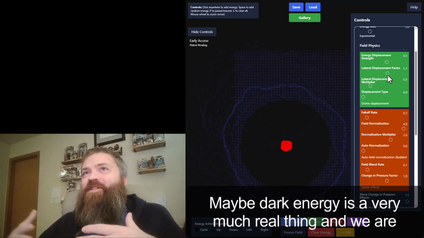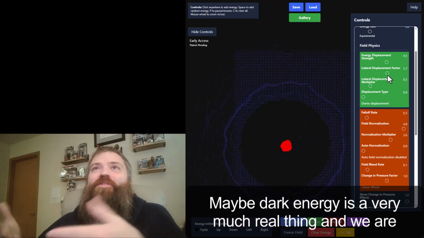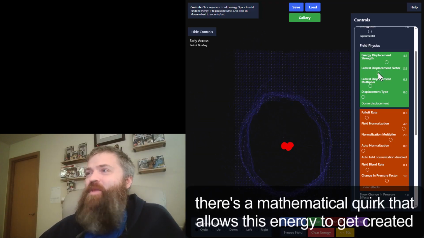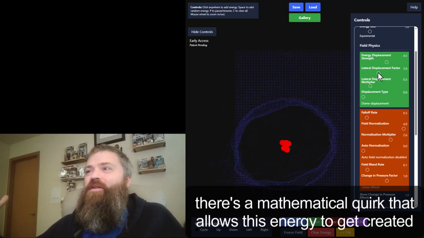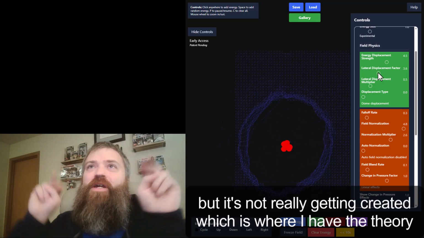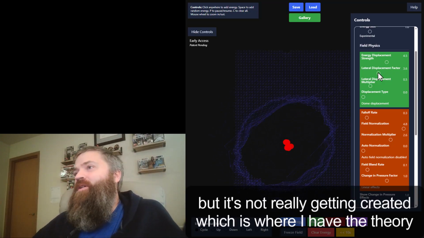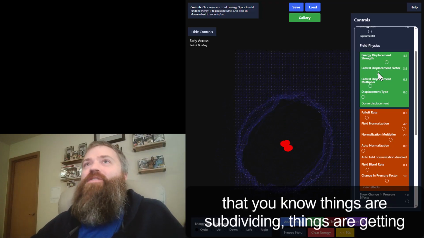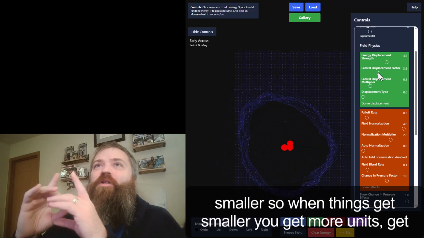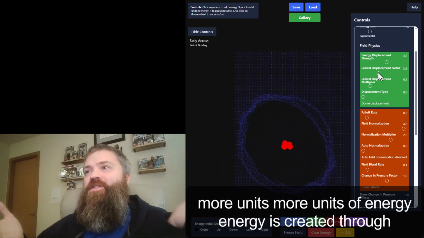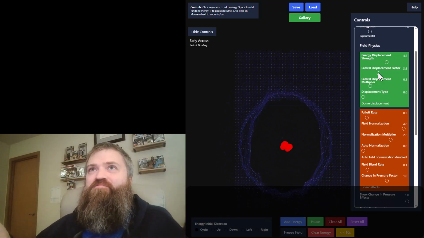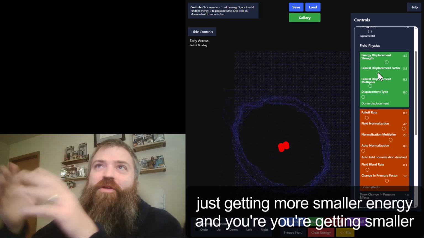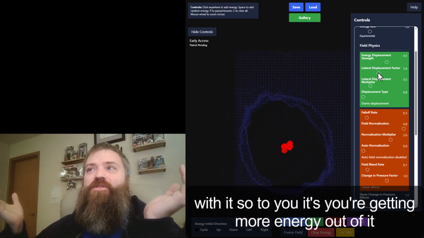Maybe dark energy is a very real thing, and we are getting energy created somehow, or maybe there's a mathematical quirk that allows this energy to get created, but it's not really getting created, which is where I have this theory that things are subdividing. Things are getting smaller. So when things get smaller, you get more units of energy. Energy is created through just getting more smaller energy, and you're getting smaller with it. So to you, you're getting more energy out of it.